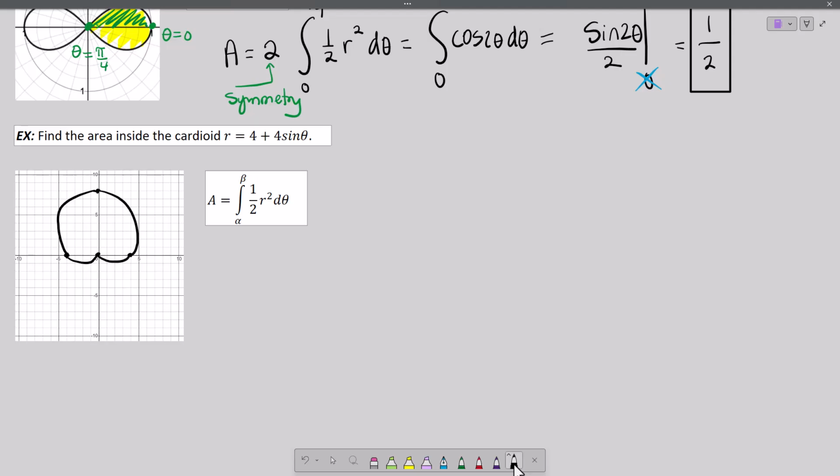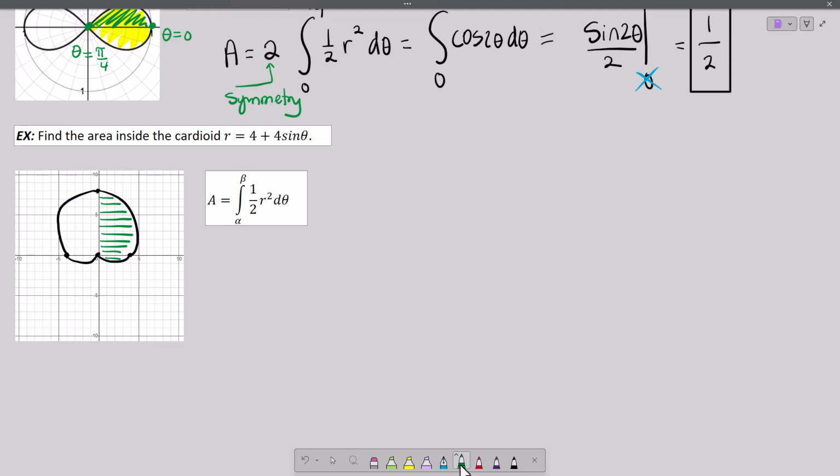So here it says find the area of the full cardioid. When we look at this dimple here is our potential bad point. And we know that we could use symmetry here. We have two choices. We could find that area, which would be negative pi over 2 to pi over 2, and double it.